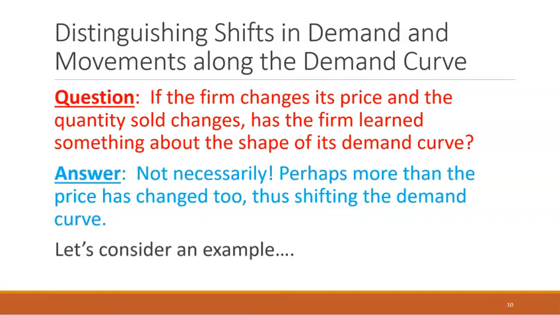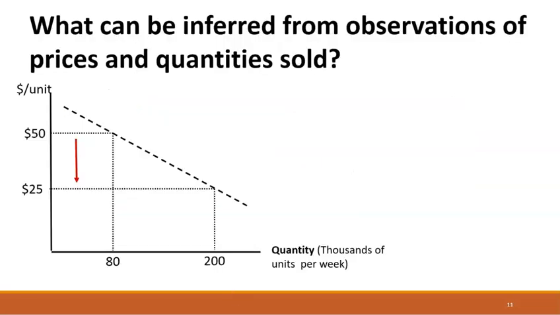Let's consider a concrete example. I'm illustrating something here, an extreme price change. Let's say we have a 50% off sale. We cut the price of our product from $50 to $25. And suppose we observe the quantity sold increasing from 80,000 per week to 200,000 per week.